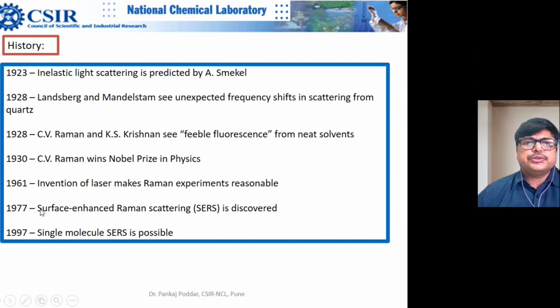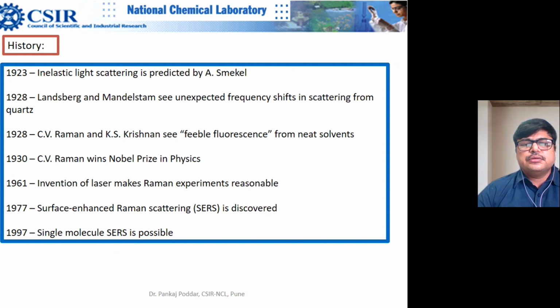They were looking at some silver electrodes in an electrochemical cell, and they found a huge, several orders of magnitude enhancement in the Raman signals. That was attributed to the rough metallic surfaces. I will speak about it. And then finally, in 1997, single molecule detection was also possible. So this is a brief history.